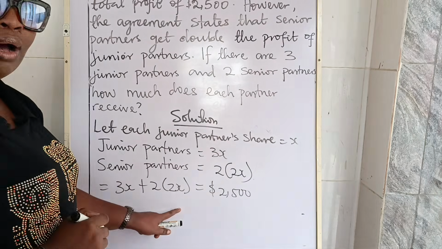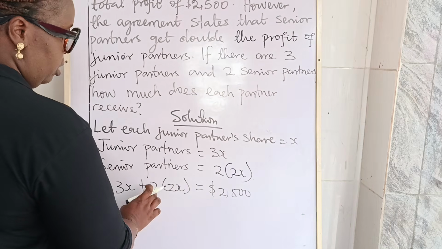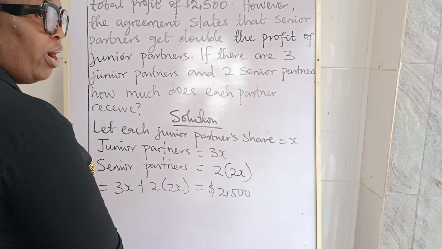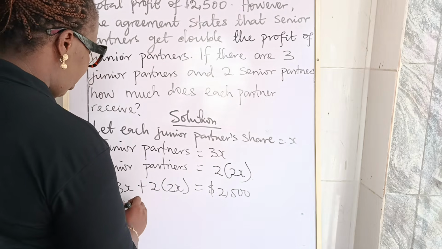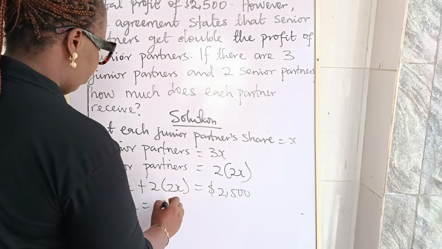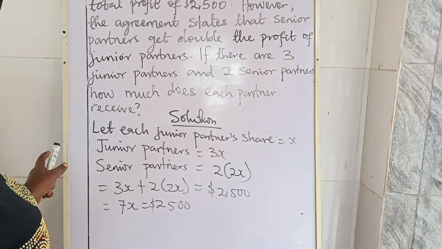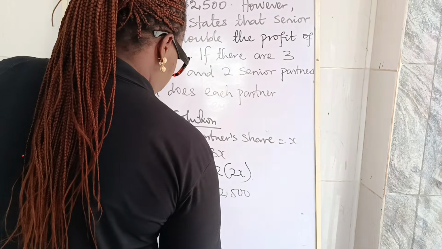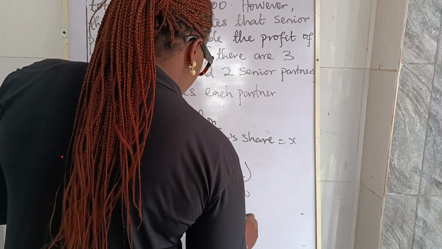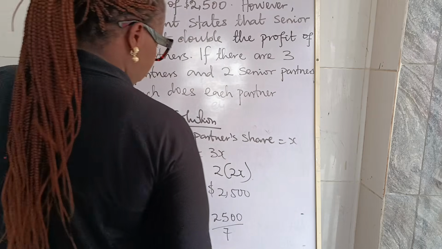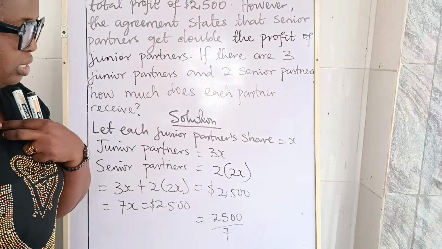Now, for us to add here, we'll add this one first. 2 times 2 is 4, 4x, plus 3x will give me 7x equals $2,500. Let's divide it. To divide this, we are going to have $2,500 all over 7. And when we divide this, we are going to have a decimal.